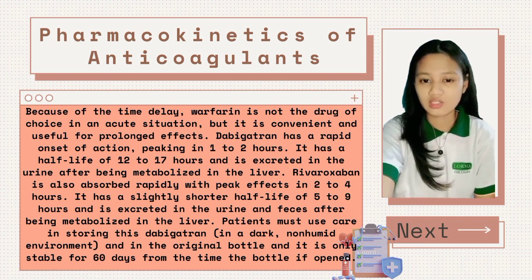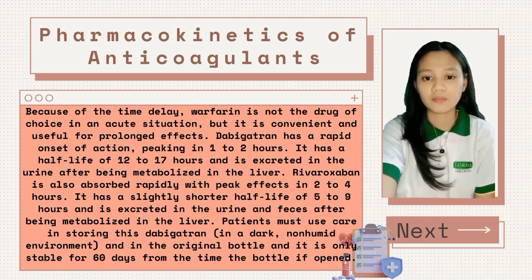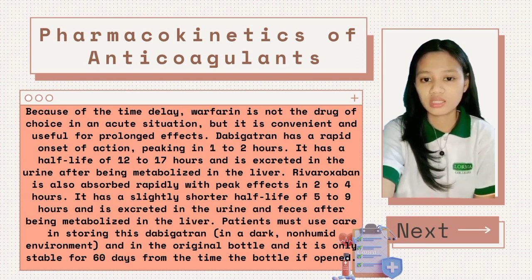It has a slightly shorter half-life of 5 to 9 hours and is excreted in the urine and feces after being metabolized in the liver. Patients must use care in storing dabigatran in a dark, non-humid environment and in the original bottle, and it is only stable for 60 days from the time the bottle is opened.